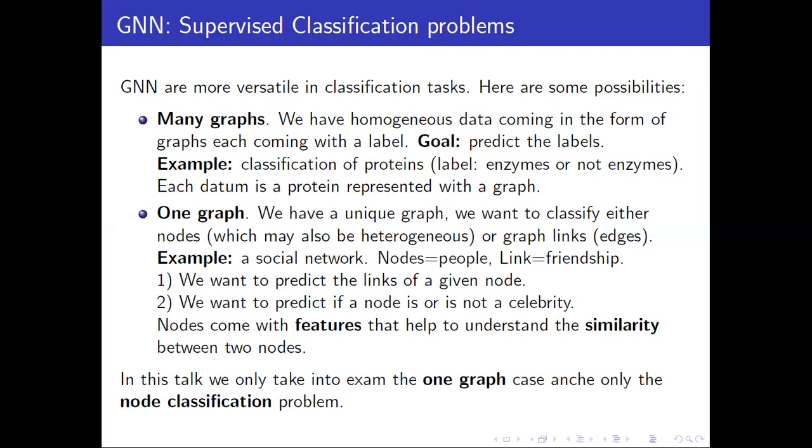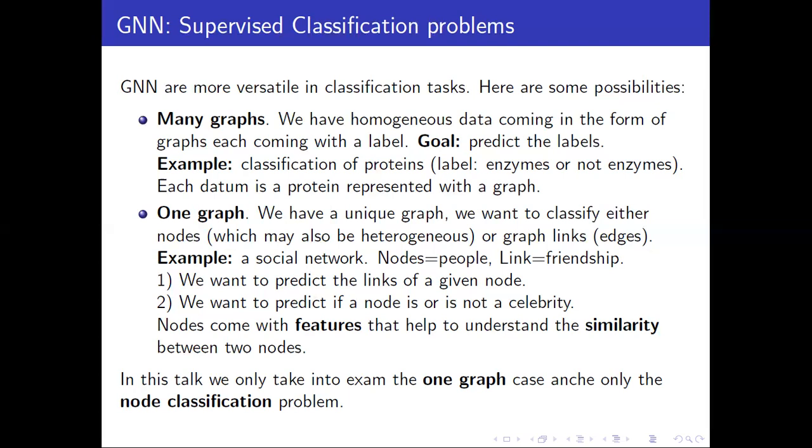There is another extreme to this situation where you have one graph, and this is closer to what you're asking. So you have just one graph, and you want to classify nodes or edges, perhaps both, but let's keep it simple.